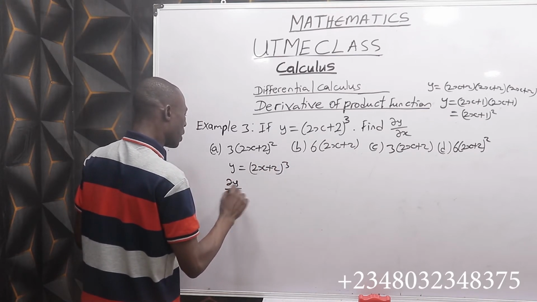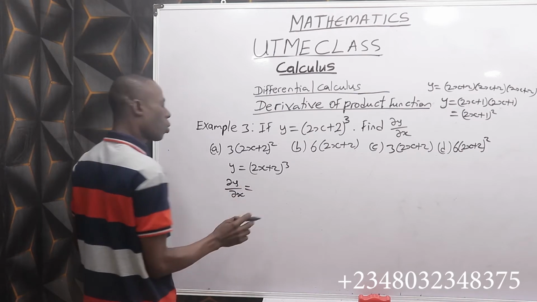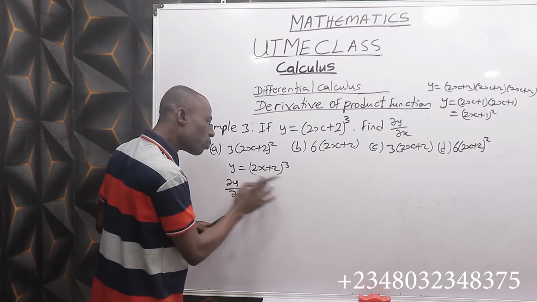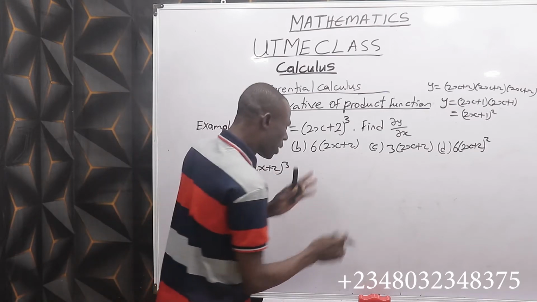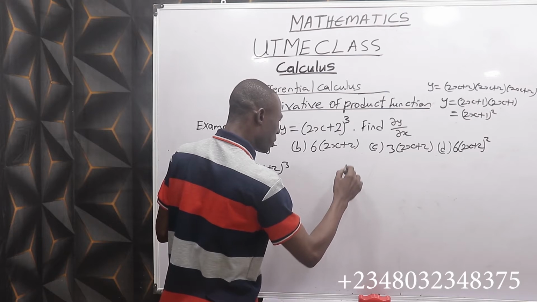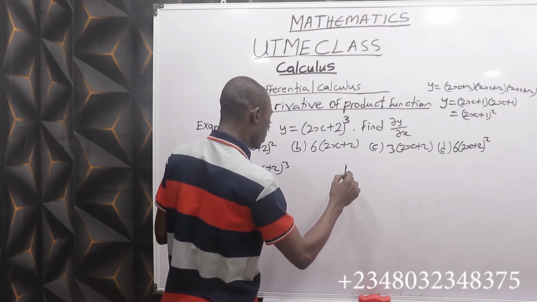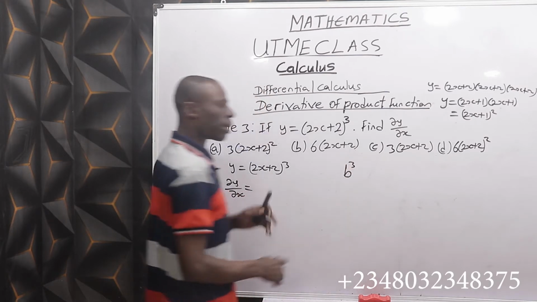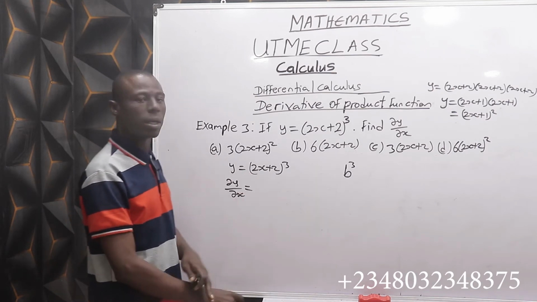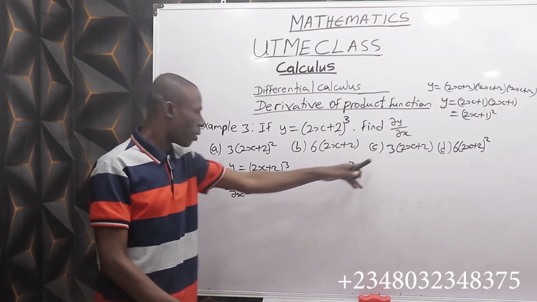For dy/dx, we mean differentiate everything the way you see it. This is what I mean. Let's say the whole bracket is represented by b, and we have b raised to the power 3.